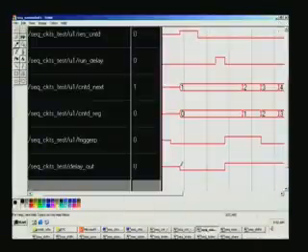you see that when reset had gone low, the reset for counter D is also an ORing of the actual system reset as well as the reset for the counter D being equal to 255.